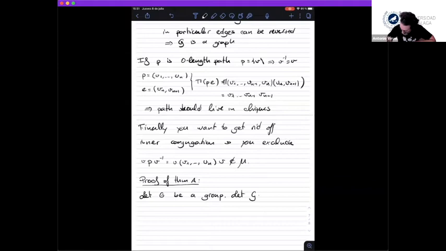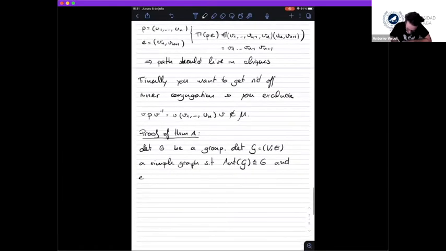Let Γ be a simple graph such that Aut(Γ) is isomorphic to G. And let M(Γ) be the path partial group of the final graph.